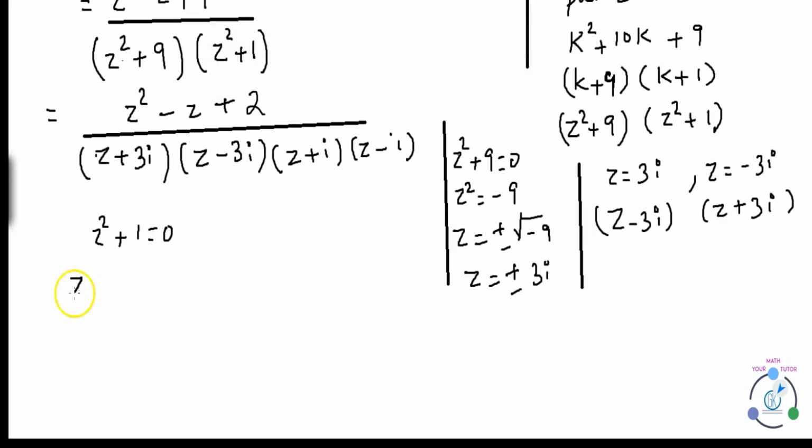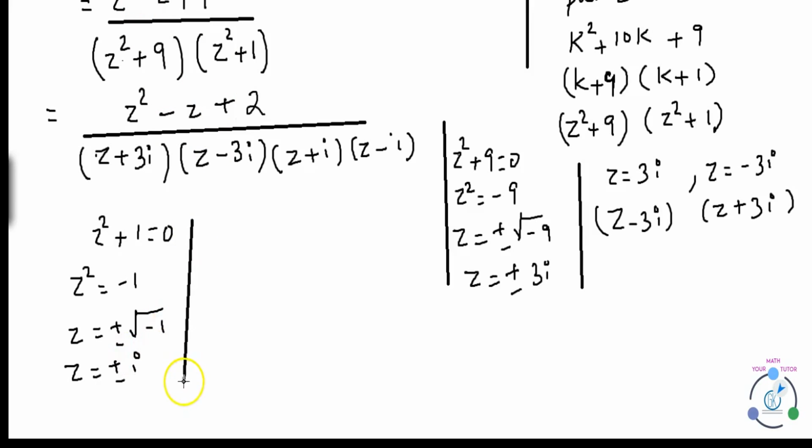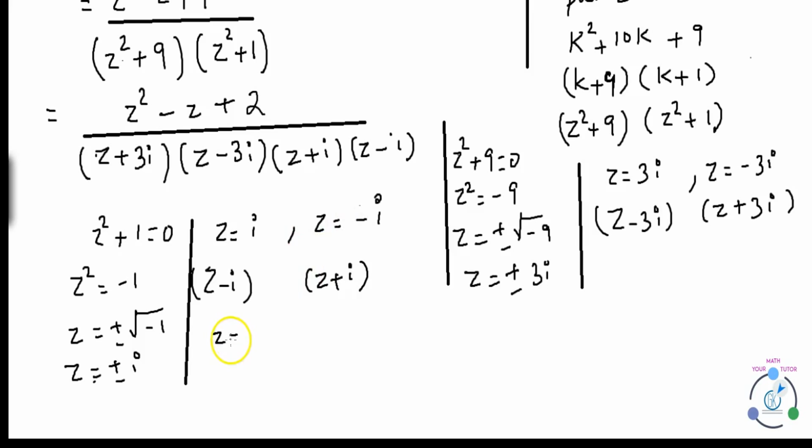Let us equate z square plus 1 equal to 0. Then z is equal to plus or minus root of minus 1, which is plus or minus i, which gives the factors z plus i into z minus i. Therefore, here the poles are given by z is equal to 3i, z is equal to minus 3i, z is equal to i, and z is equal to minus i.